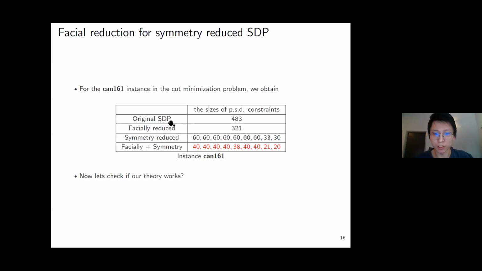That means you can solve these problems accurately, but the sizes are still too big here. You could do symmetry reduction. Then you end up with some smaller blocks, which you can solve by the interior point method, but the answer you get might be inaccurate. And here's our contribution. We combine these two techniques. We end up with a problem with smaller size, and also it can be solved accurately.